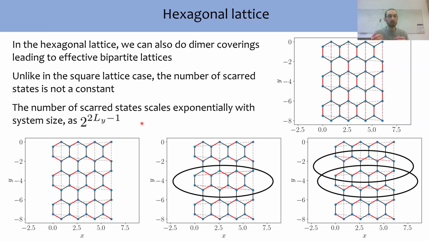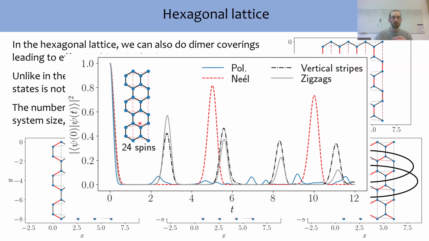And as soon as it's exponentially many, you can ask if it starts to modify the general properties of the system, not just if you start from this initial state, but some more interesting thing like infinite temperature properties. And of course, we still want to check that these revive. So we did some numerical simulation in a small-ish system. And as in the other bipartite case, the actual null state is the one that's reviving best.